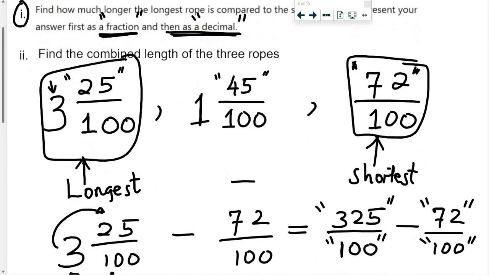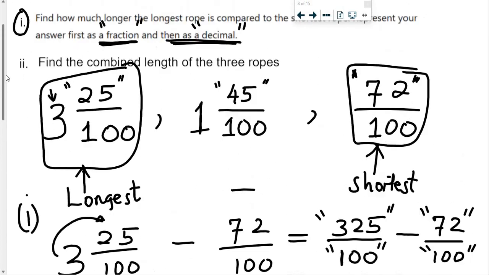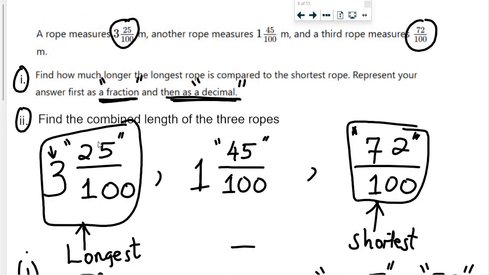The second question, so you can do labeling. This is Roman 1, and this is Roman 2. Find the combined length of the 3 ropes. Combined length means total length. Find the total length of the 3 ropes.